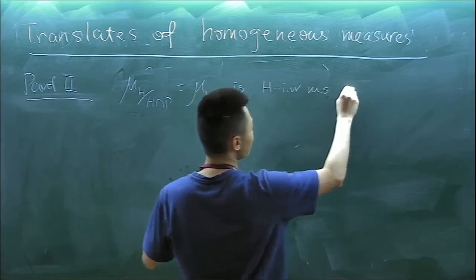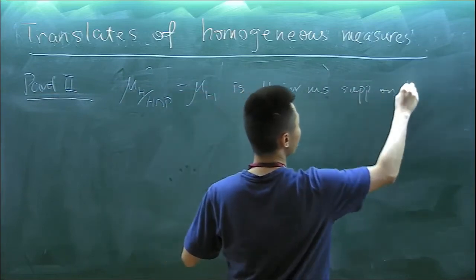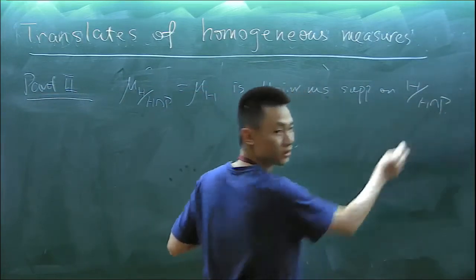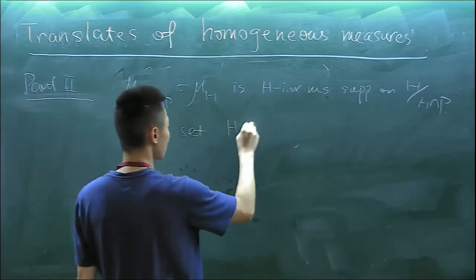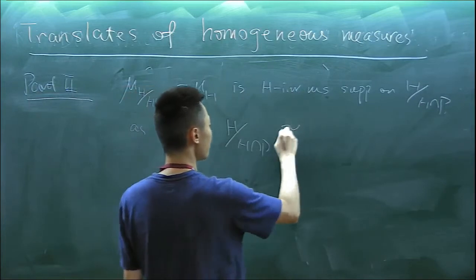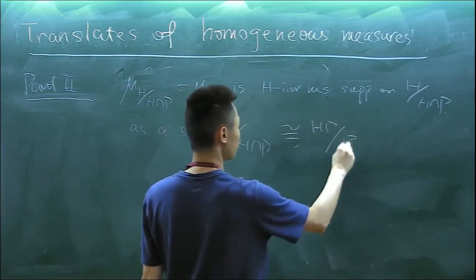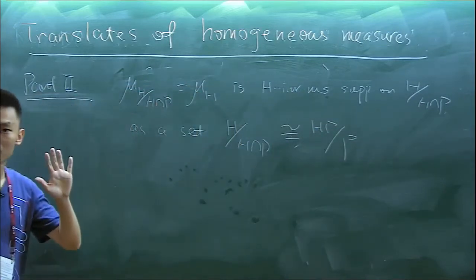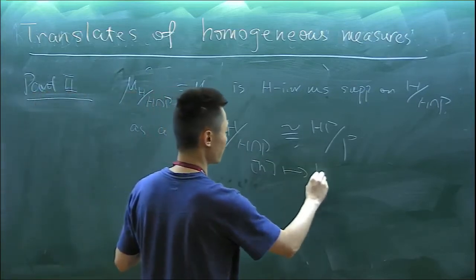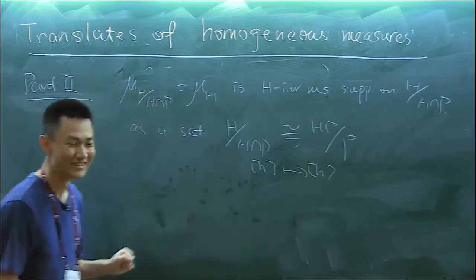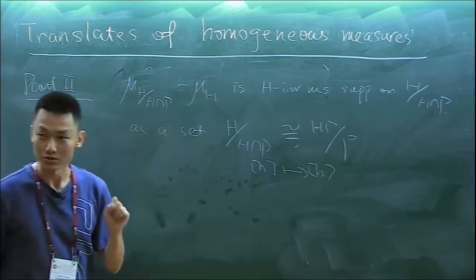So this is a measure supported on H gamma. As a set, H mod H intersection gamma can be identified with H gamma mod gamma. This map just sends h to h gamma. So this is a bijection.